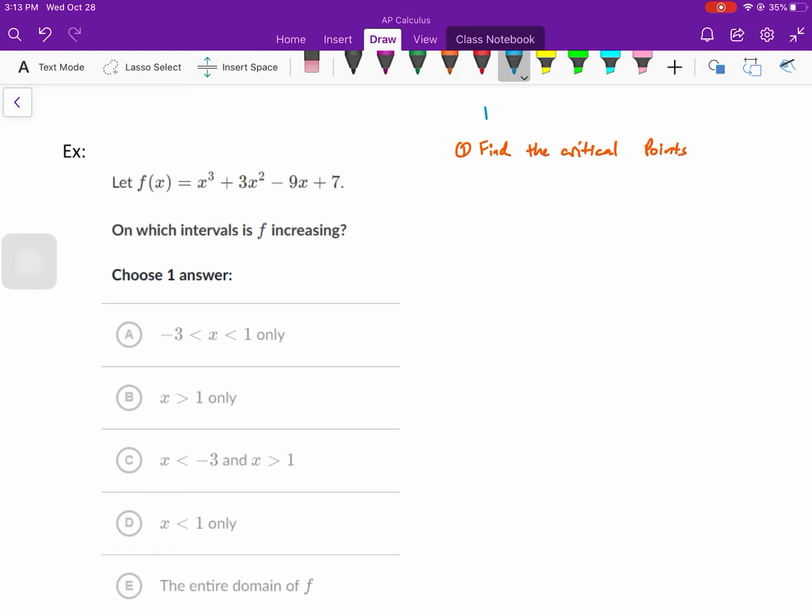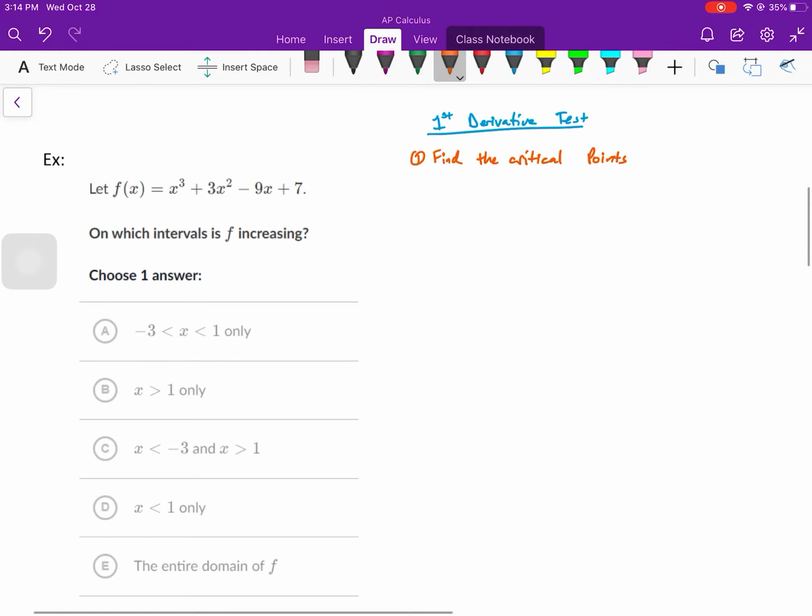So we're going to call this the first derivative test. Really important test here. And it's not going away, I'm telling you. So find the critical points. I'm going to start by finding f prime of x, which is 3x squared plus 6x minus 9.